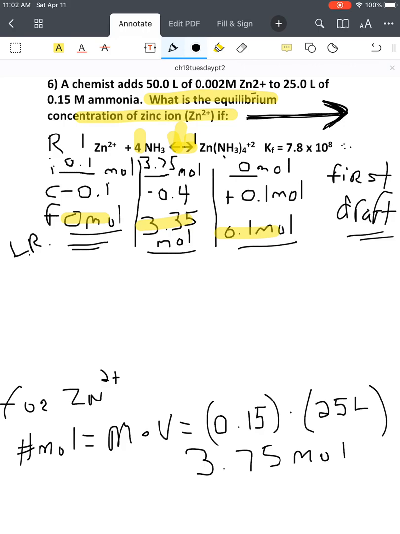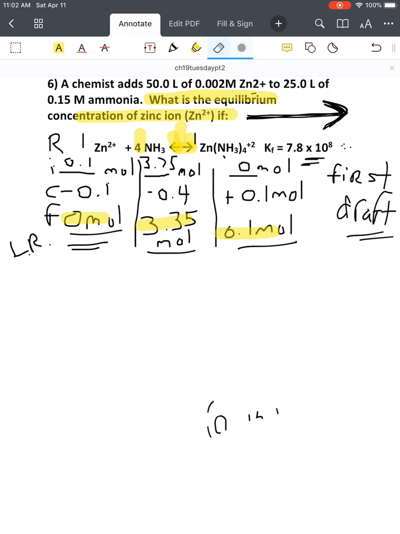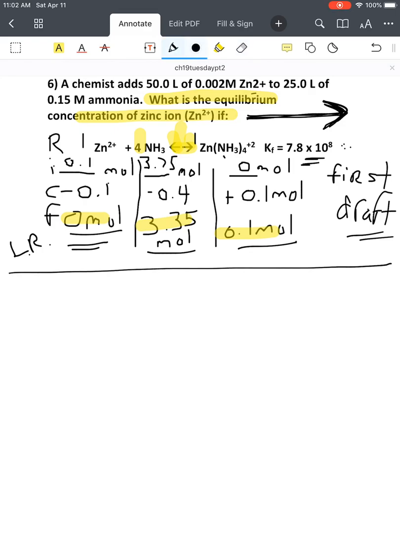The reason why is because if I plug those numbers back into my equilibrium constant expression, they are not going to yield that value for Kf, are they? So I've got to fix this. Where I'm at right now might be a first draft, a rough approximation of reality, but it's not completely truthful of reality, is it? But now that I know sort of where I'm at, chemically speaking, I can actually come back and revise my first draft. I can make edits.